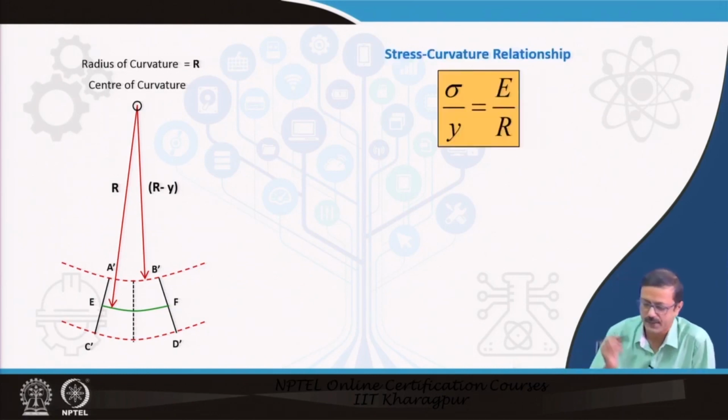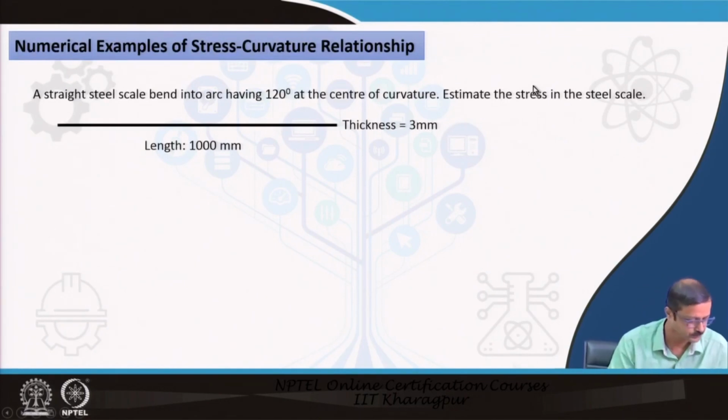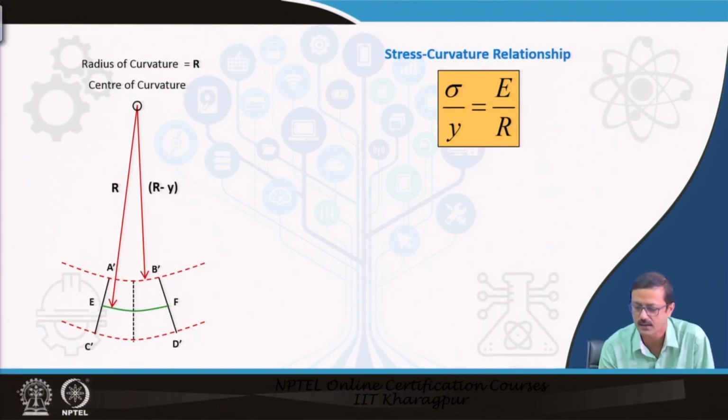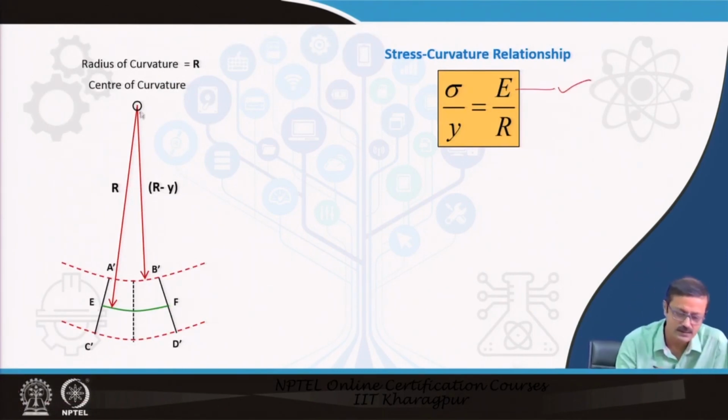Now, we will spend some 2 minutes here. E is the Young's modulus of elasticity, the material property. R is the radius of curvature.